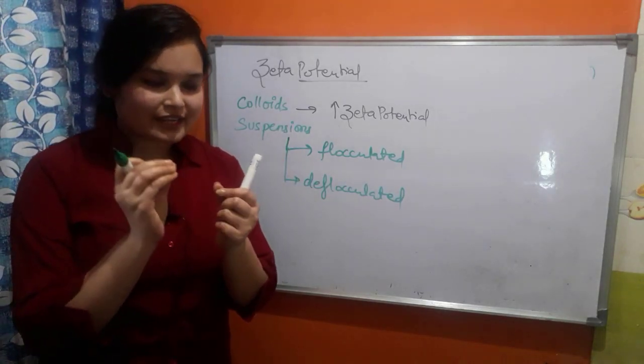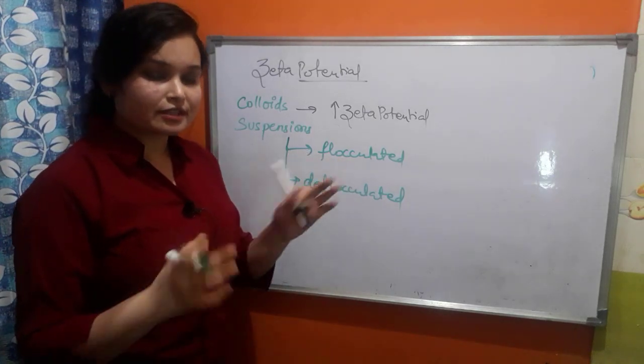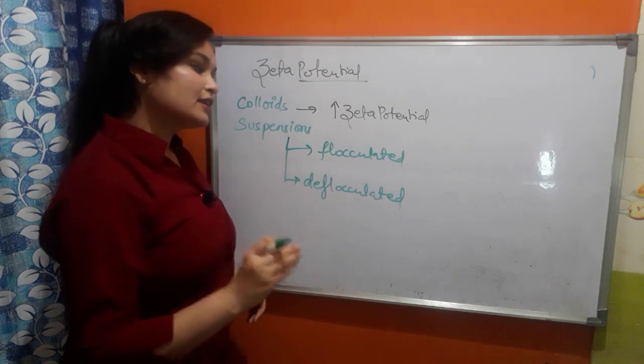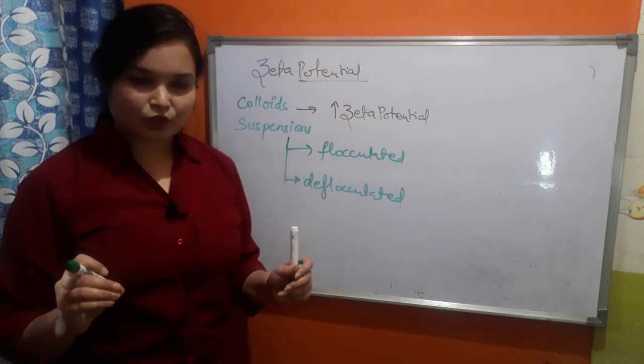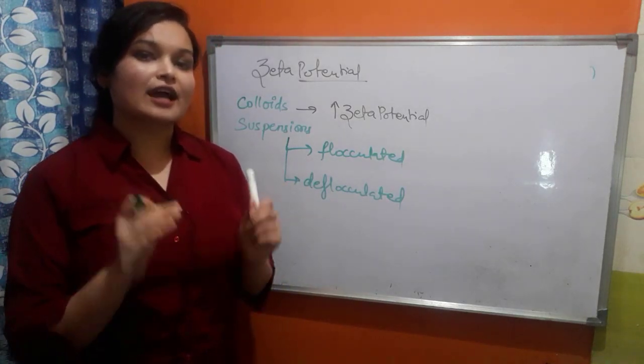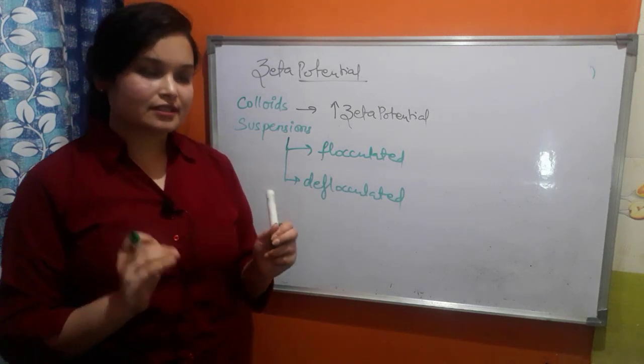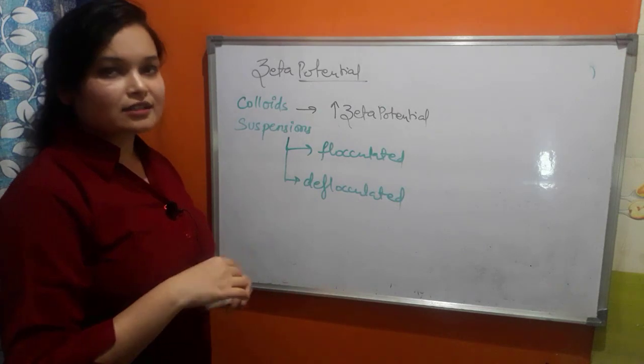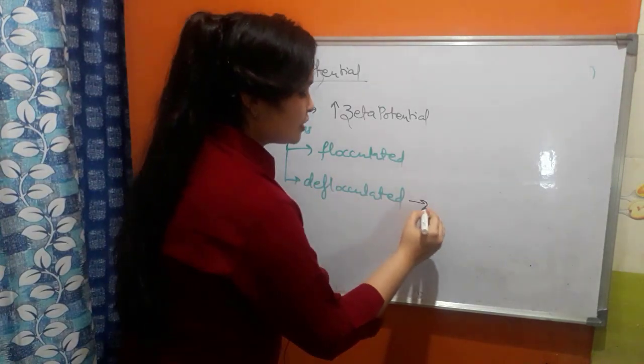They are not forming aggregates. What do floccules mean? It means aggregates. So in deflocculated systems, the particles remain independent. To keep them independent and suspended in the system, these systems must have particles which possess high zeta potential.